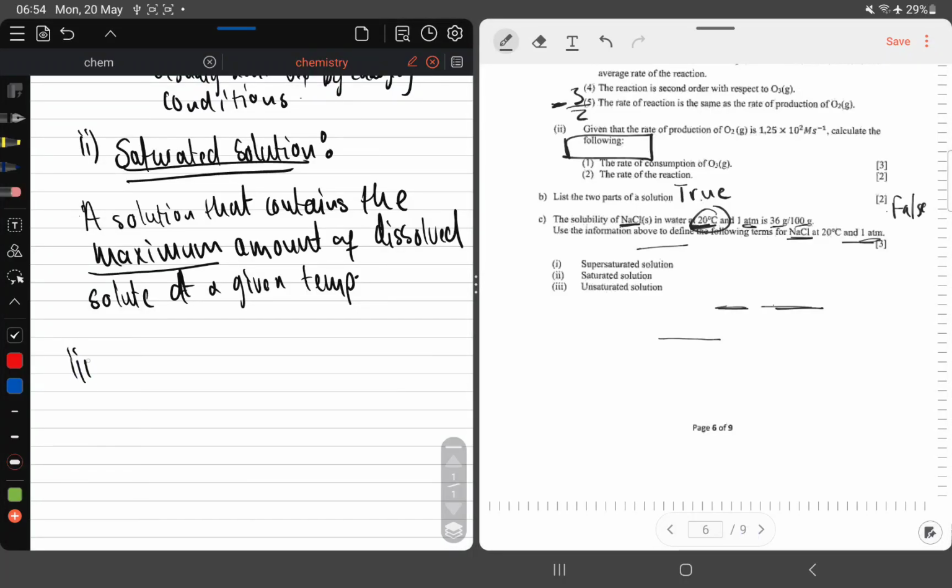So for unsaturated, you can say it is less solid than the maximum amount. That is an unsaturated solution, okay? And we'll stop it here and do the next one in the next video.